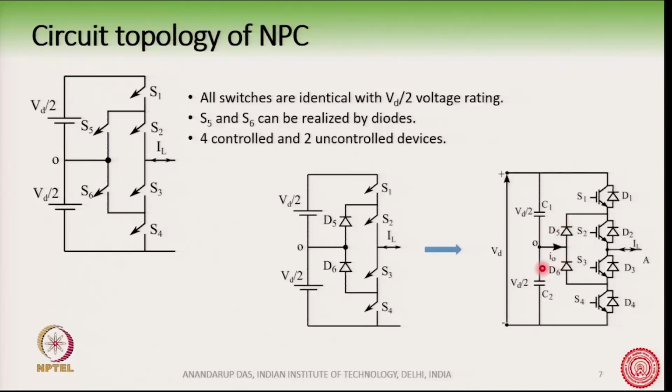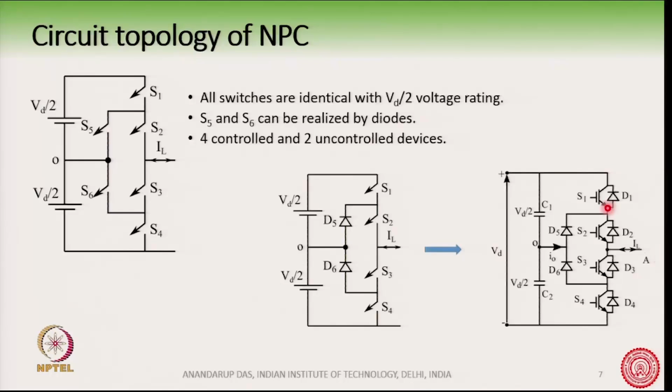These diodes D5 and D6 are called clamping diodes, because they are used when the 0 point or the 0 voltage needs to be accessed. We will see this operation just now. So, what we have done is try to derive the topology of this 3 level neutral point clamp converter, how it came up from the concept of a conventional 2 level voltage source converter.